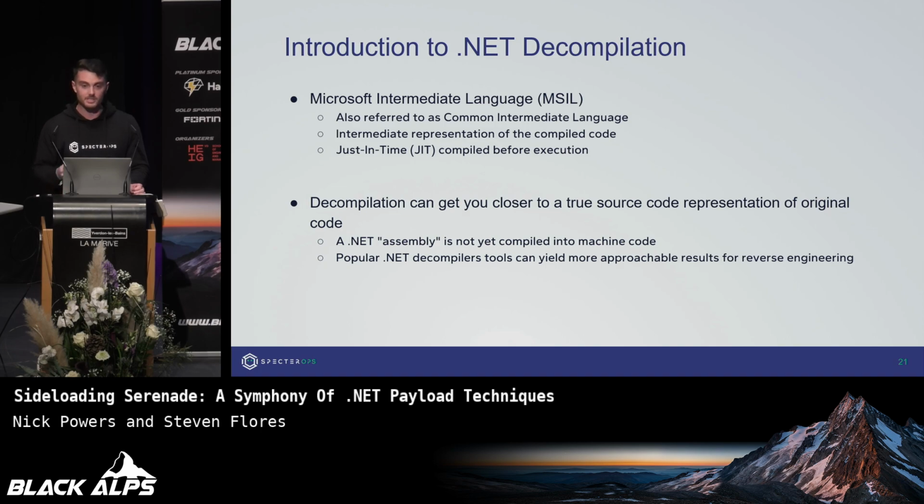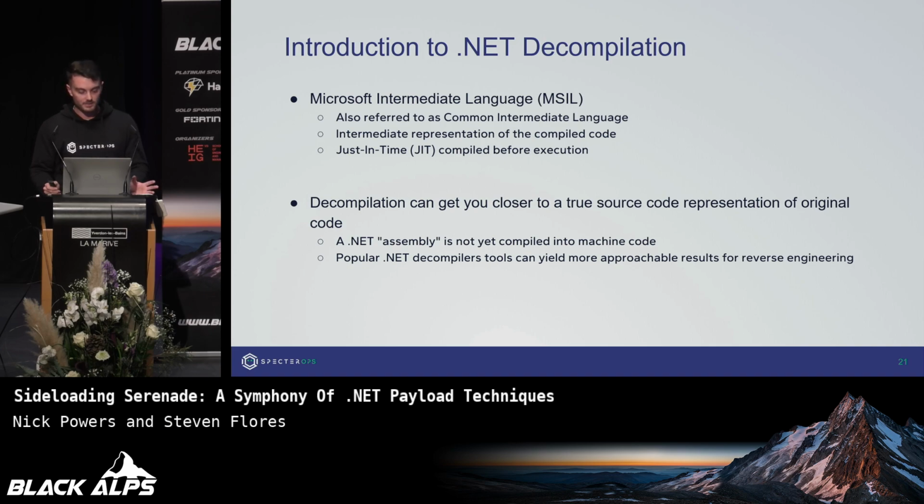And then that will be just-in-time compiled before execution. So the decompilation can get you closer to true source representation of the original code, compared to reversing C++ or Golang or Rust. A .NET assembly has not yet been compiled into machine code. It's in this intermediary representation.